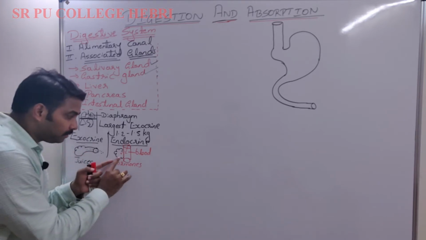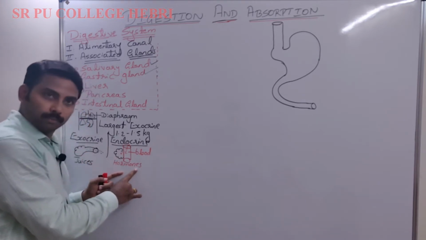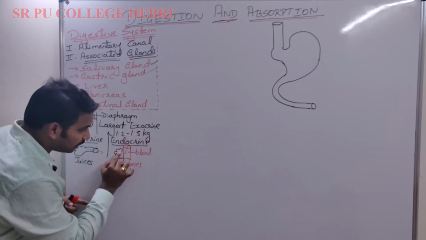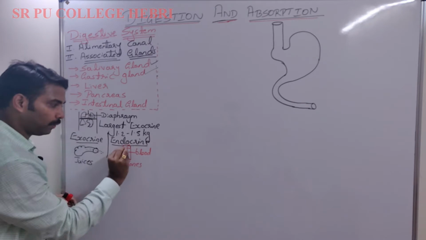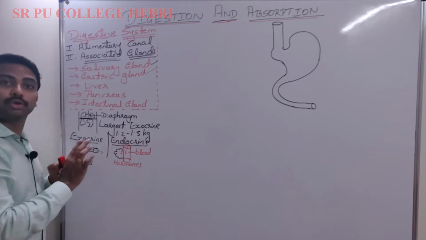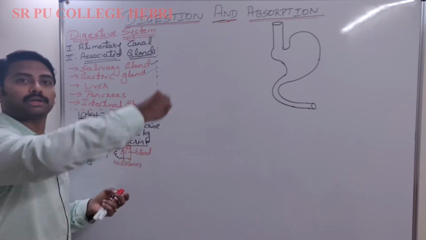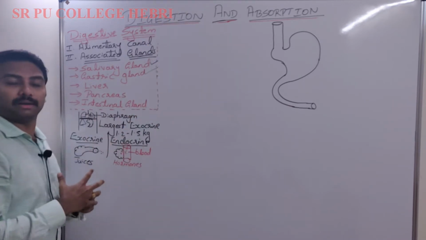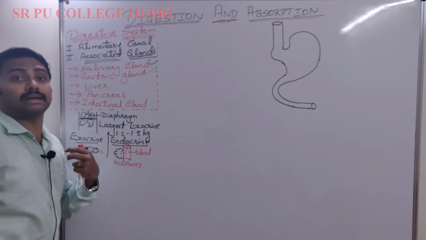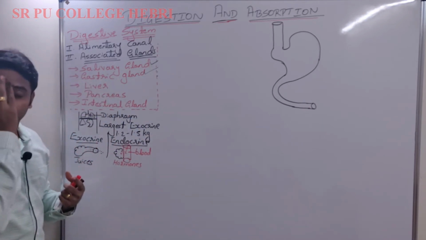Number two, these always secrete hormones which reach the target site through blood. They are always released to blood. Hormones usually do not travel through duct. They circulate through blood. Insulin hormone released to blood. Growth hormone released to blood. They travel through the blood.